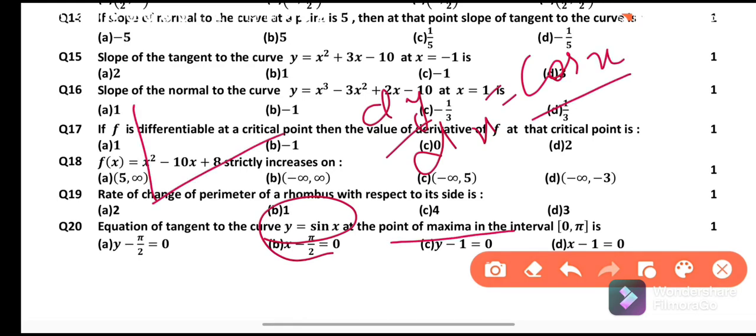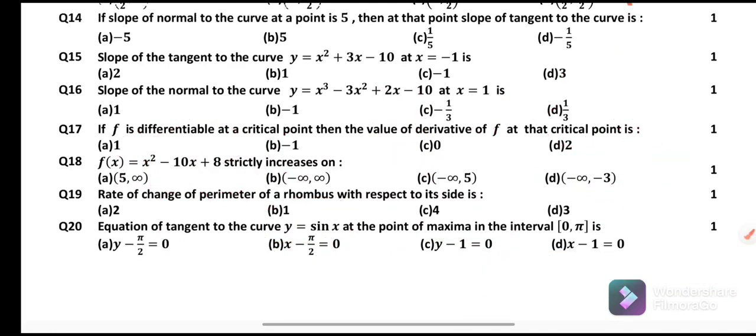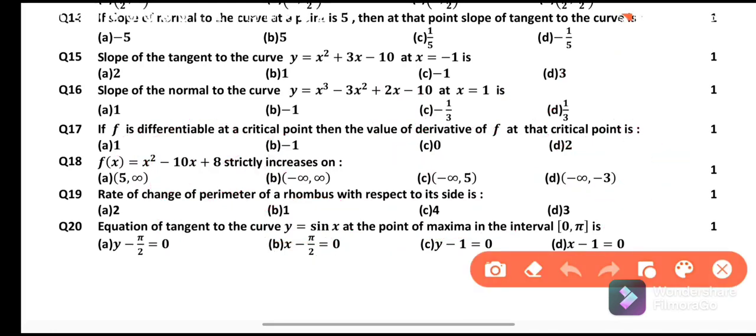Now at point of maxima in 0 to pi, at maximum point y is equal to 1 and value of slope at maximum point cos pi by 2, that is 0. Now slope is equal to 0.